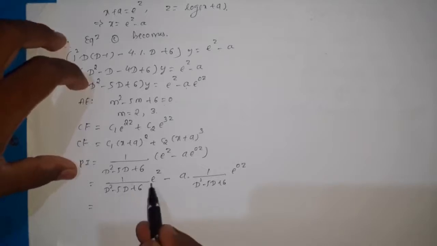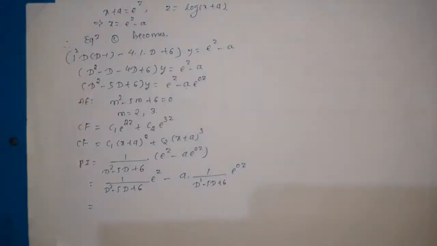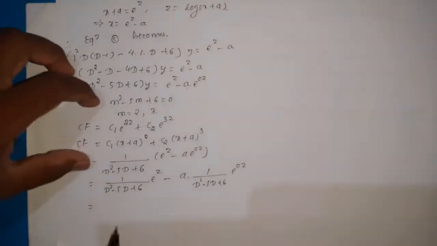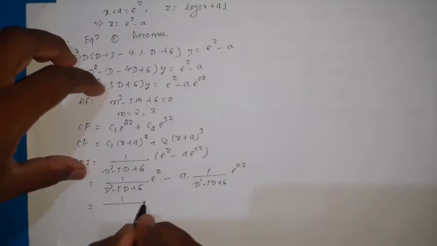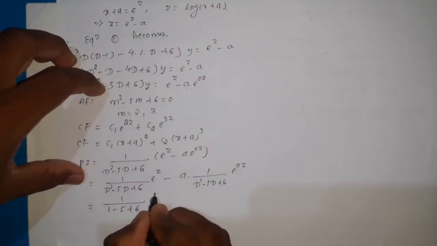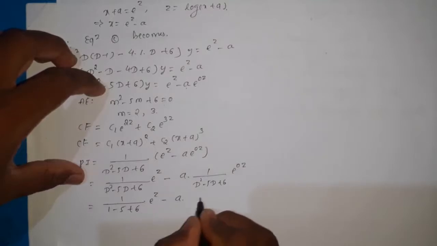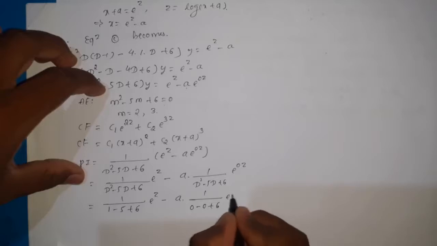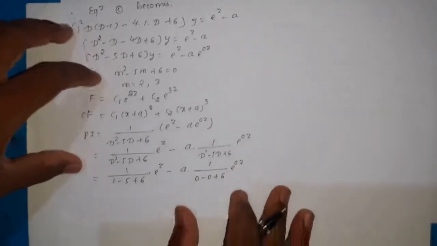So 1 by f of d e power ax, where a is equal to 1 in the first one and a equal to 0 here. So now substitute a equal to 1, that is 1 divided by (1 minus 5 plus 6) e power z minus a into 1 divided by (0 minus 0 plus 6) e power 0z.